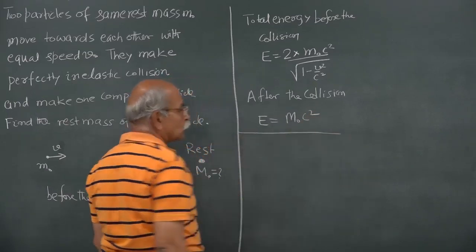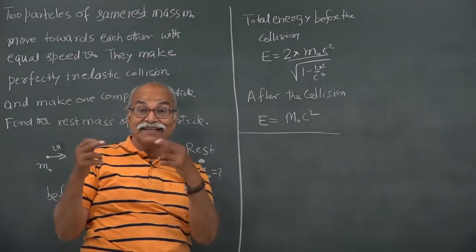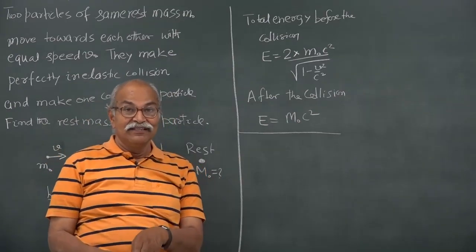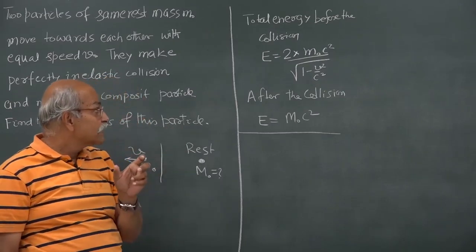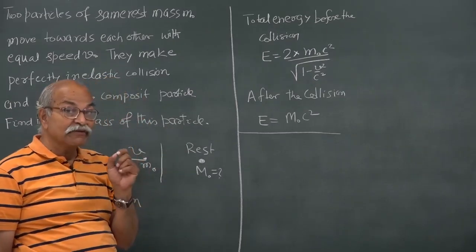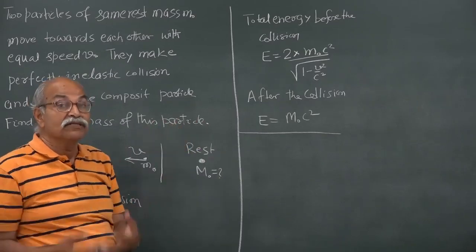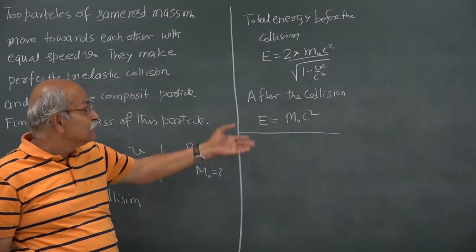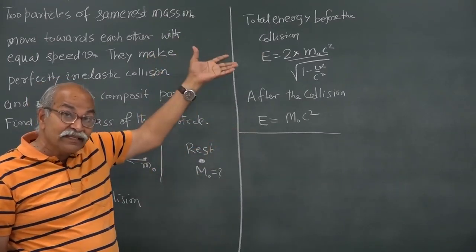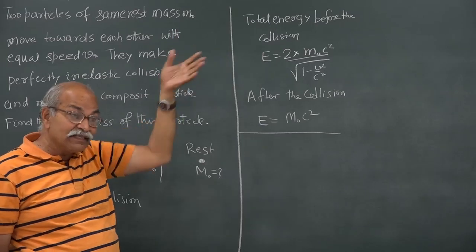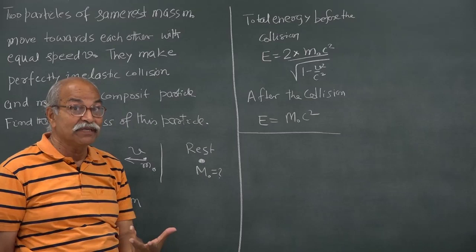And total energy remains conserved. In non-relativistic mechanics, when we say perfectly inelastic, we mean that the kinetic energy is lost. Here kinetic energy is lost, but then this rest mass energy should appear. So, let us see.